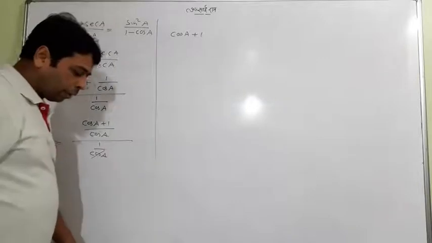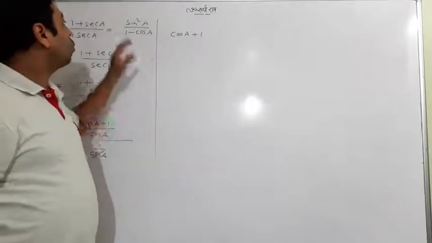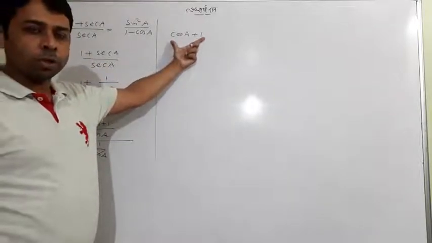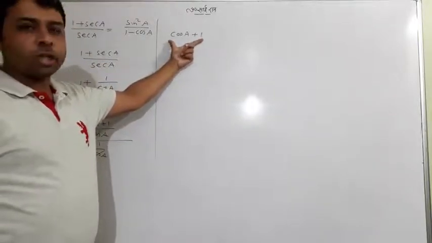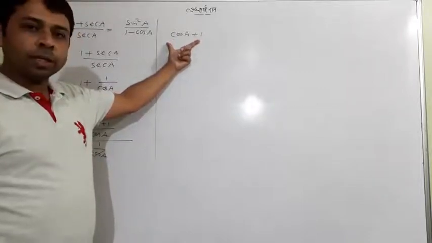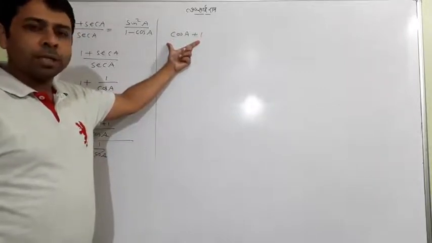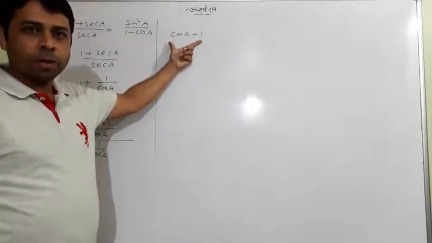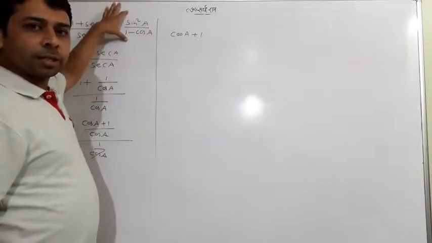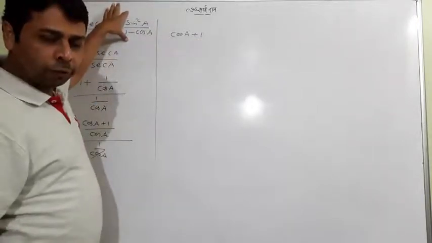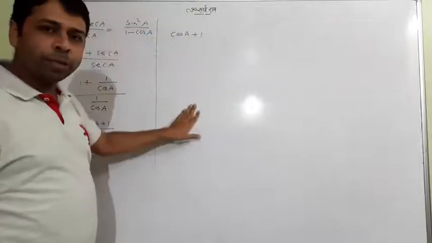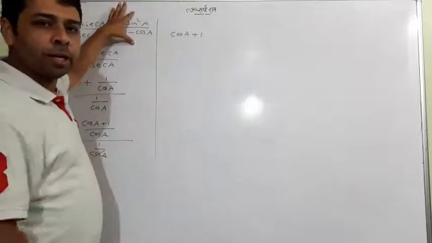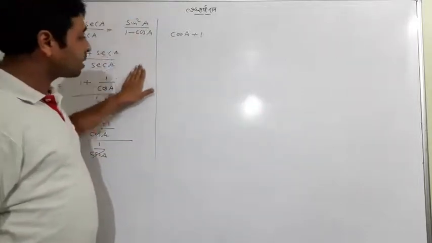Students, I want to say one very important thing. Taking only the left hand side, you have reached the situation of 1 plus cos a. It is actually one of the easiest terms, and sometimes it is tough to see that it is the simplest one. You already got the simplest term, but it is not equal to the right hand side. One more thing I want to share with you: if you are not able to do any more steps further, leave this step here and take the right hand side separately, simplify the right hand side and reach till here.